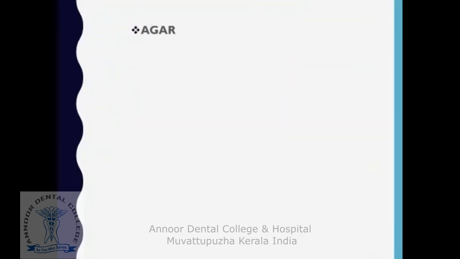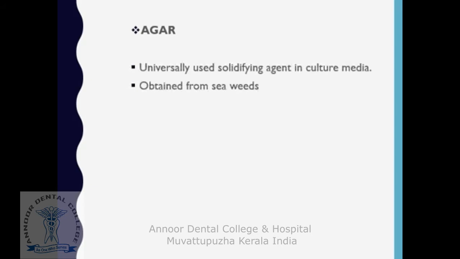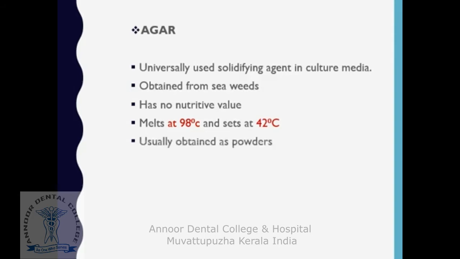and the most important ingredient in solid media is agar. Agar is actually a solidifying agent in culture media, which is obtained from seaweeds, and the most important thing is it's not having any nutritive value. Agar melts at 98 degrees Celsius and sets at 42 degrees Celsius.